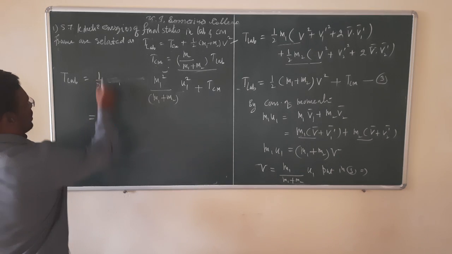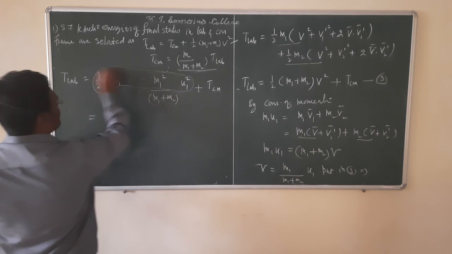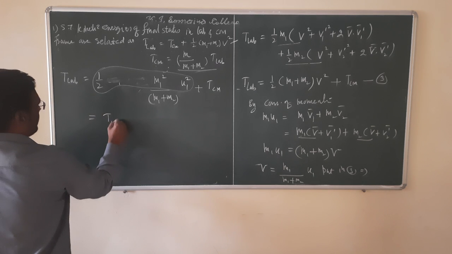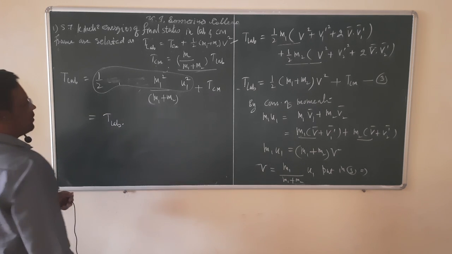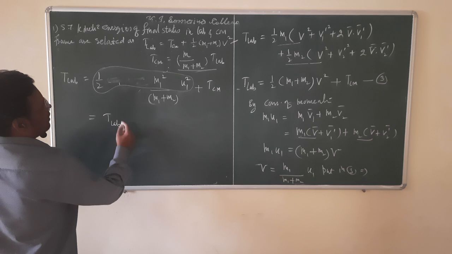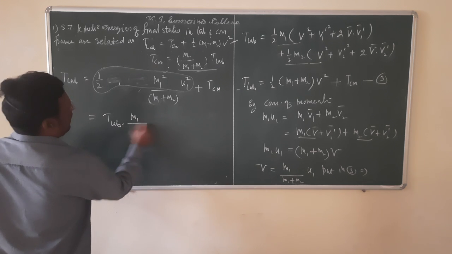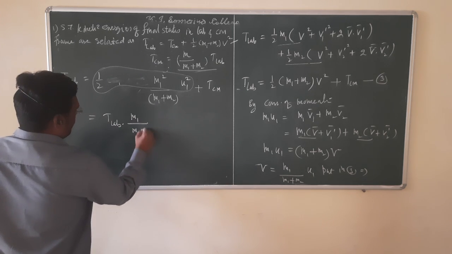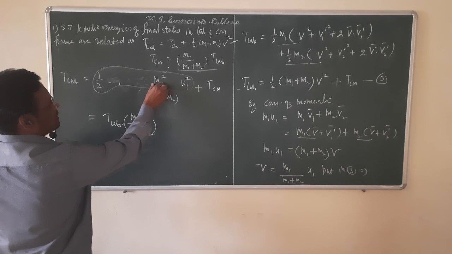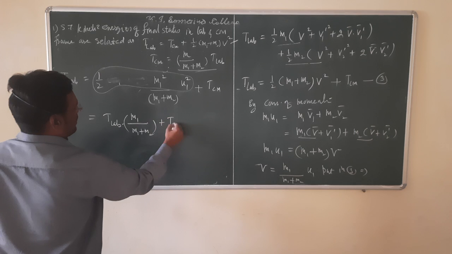Again, 1/2 m1 u1 square is nothing but the kinetic energy in the laboratory frame, multiplied by m1 divided by m1 plus m2. Since here we have m1 square, one m1 is written over here.